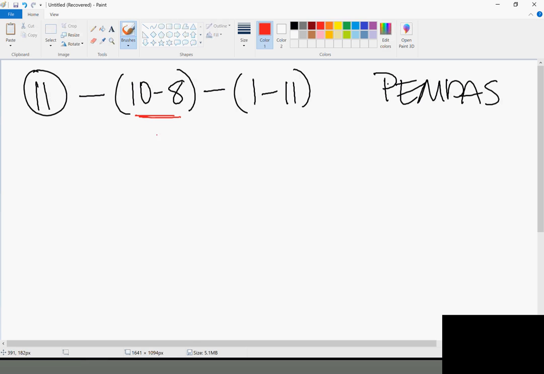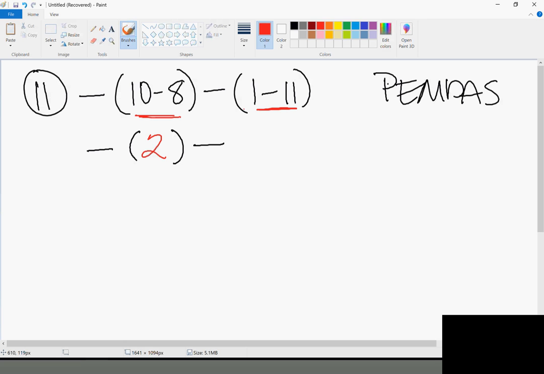So I have 10 minus 8, which is 2. So I have negative times 2 minus, and now we have another parentheses, 1 minus 11. So 1 is smaller than 11, number 1. So if we take 11 away from 1, we're going to be in the negative.